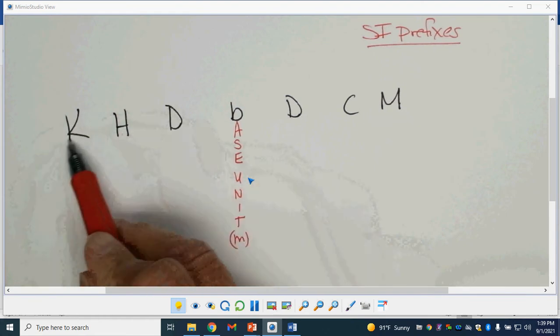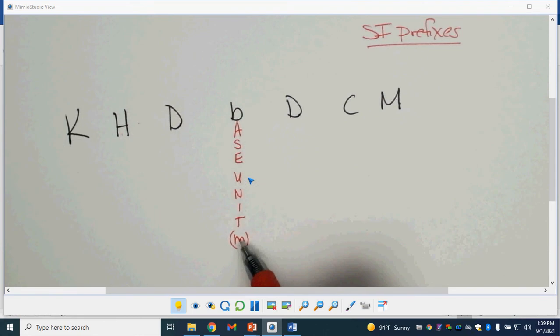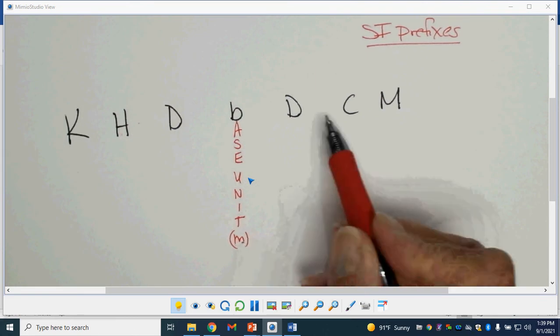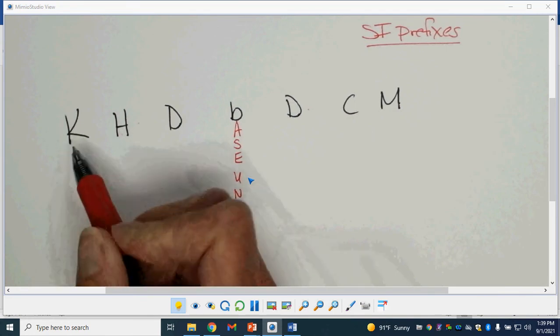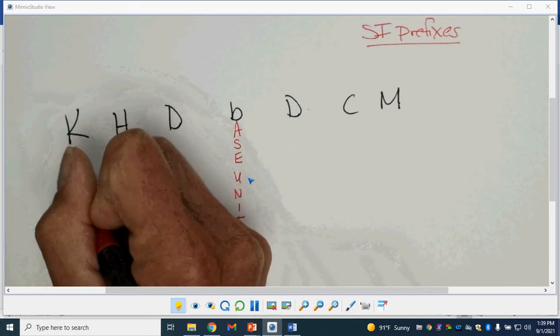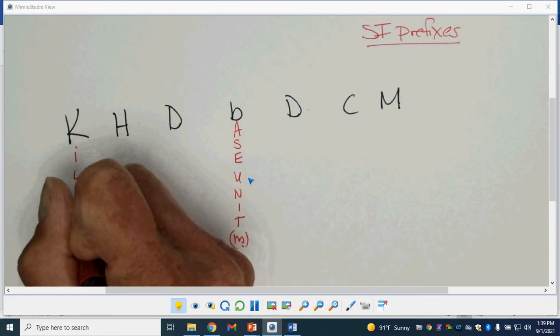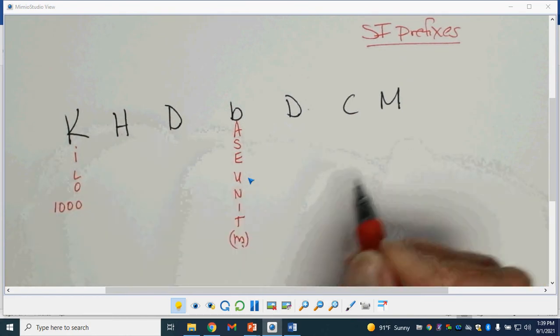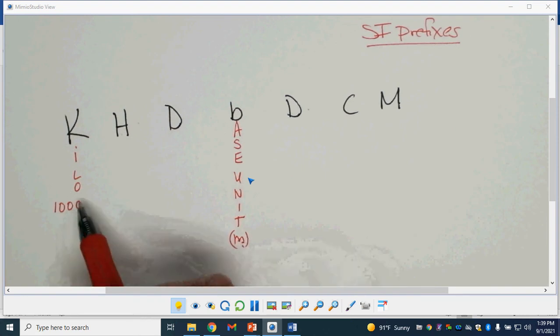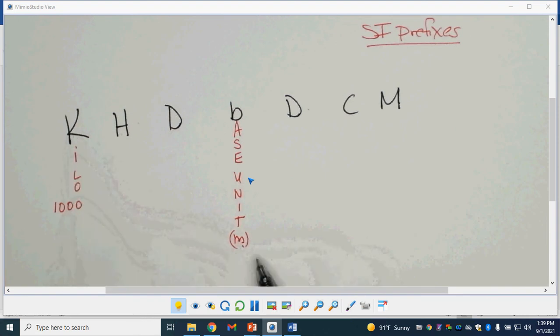Okay, so the K on this side. All of these prefixes over here are larger than our base unit. All of these prefixes are smaller than our base unit. So K is for kilo, and kilo means 1,000. Okay, so if I have 1 kilometer, I'm going to have 1,000 meters.